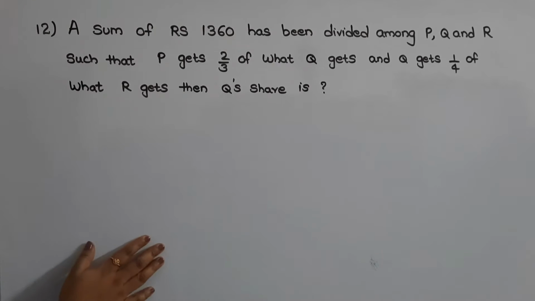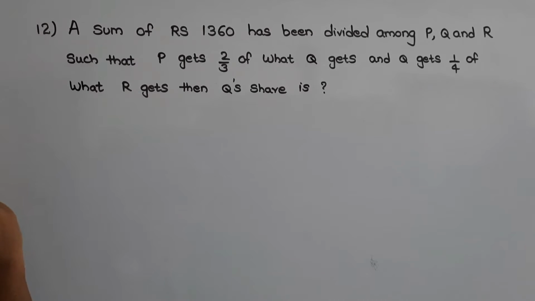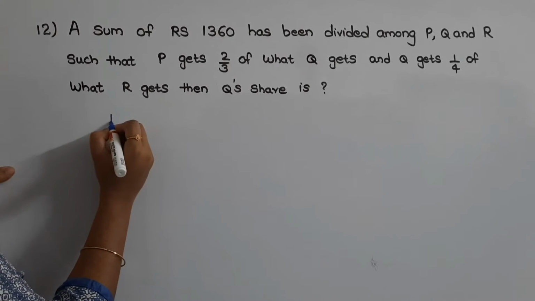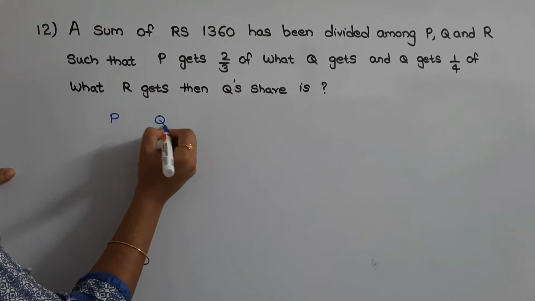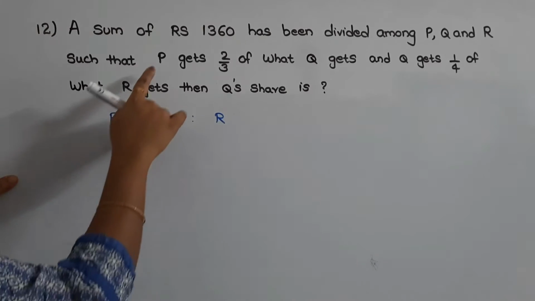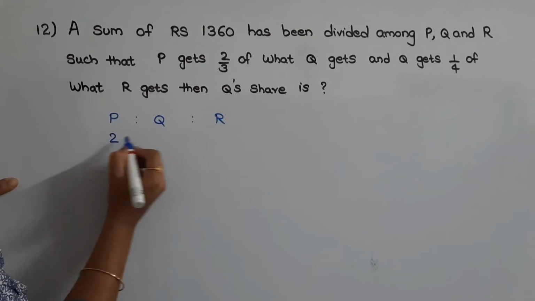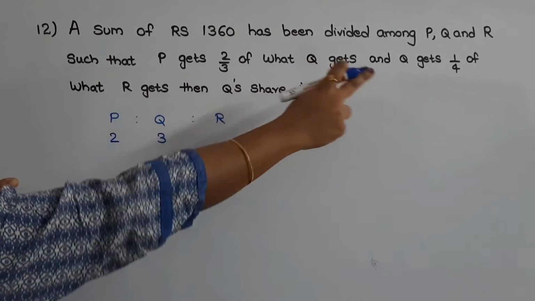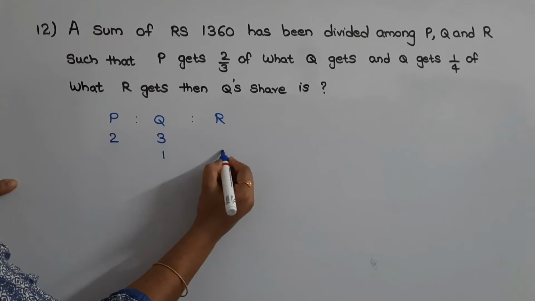So we need to find out what is Q's share. For that, first we need to find out the ratio of the shares of P, Q and R. The ratio of the shares of P and Q is given as 2:3 and the ratio of Q and R is given as 1:4.